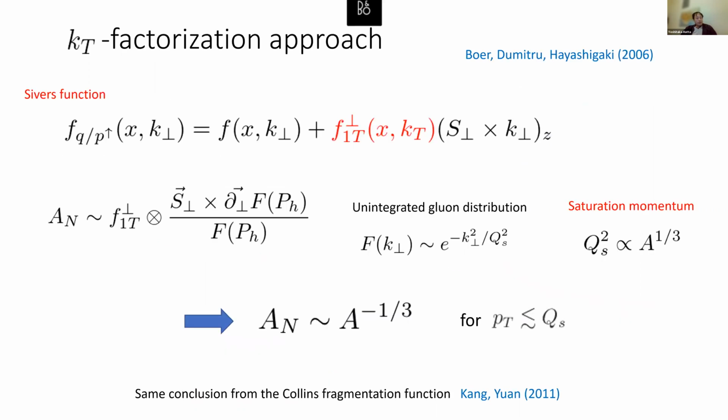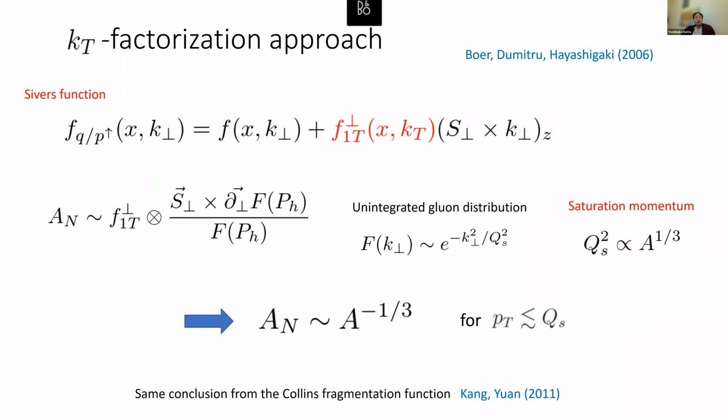So there's been a theory attempt to explain this. I think the first paper of this kind was Boer, Dumitru, and Hayashigaki in 2006, where they used the kT factorization, basically the Sivers function, to explain the A dependence of A_N. This is a formula within kT factorization, which says that A_N is proportional to the derivative of the unintegrated gluon distribution function of the nucleus.